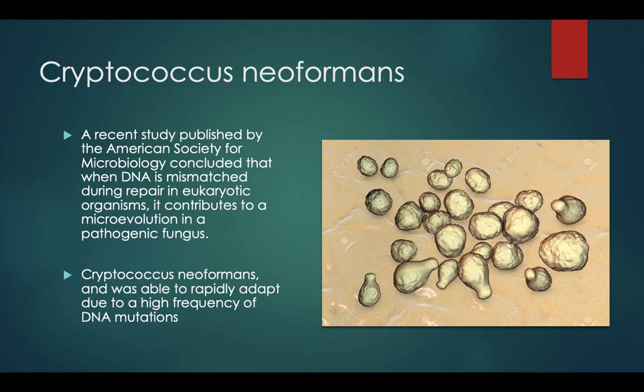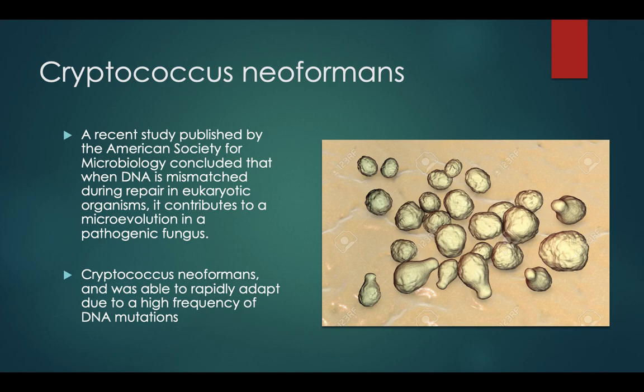A recent study published by the American Society for Microbiology concluded that when DNA is mismatched during repair in eukaryotic organisms, it contributes to a microevolution in a pathogenic fungus. Pathogens can survive in an outside environment, then enter in a human host and thrive.